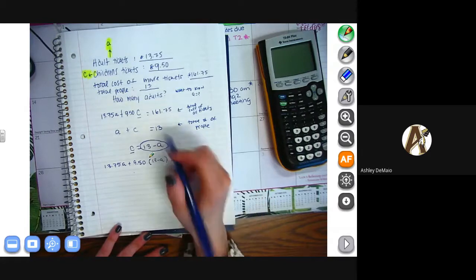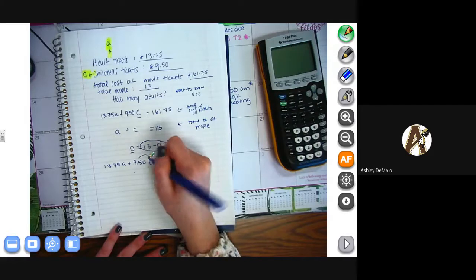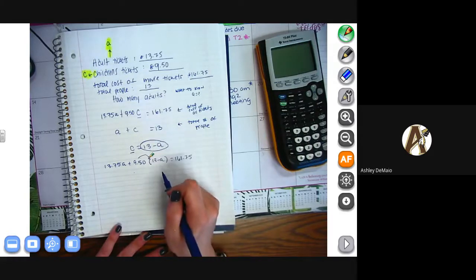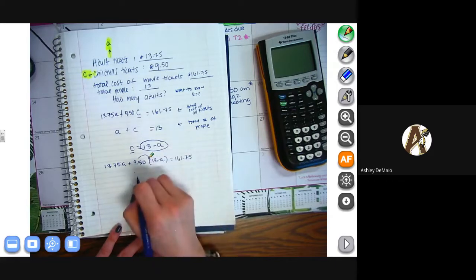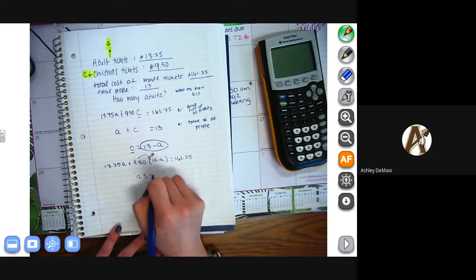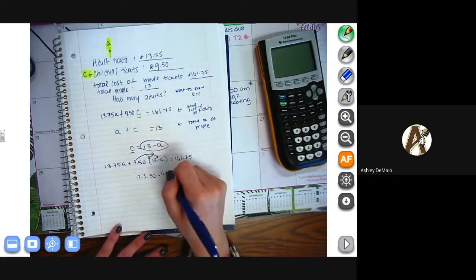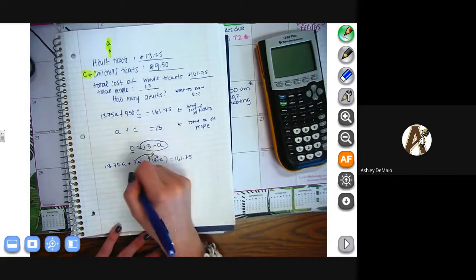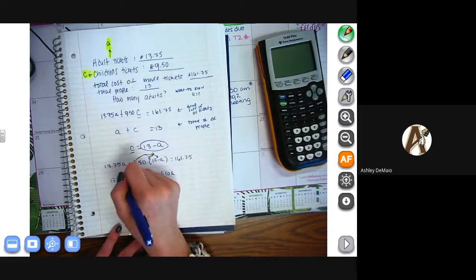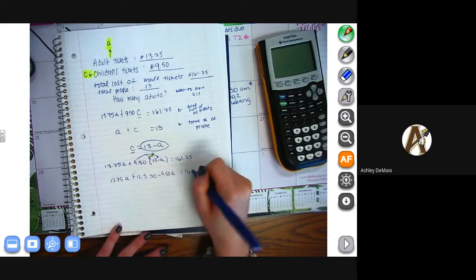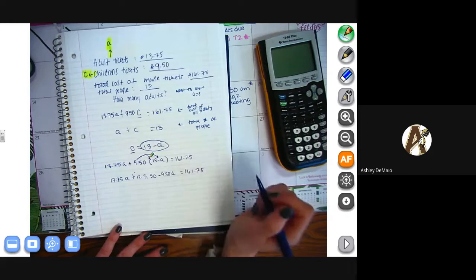The first thing we can do is distribute. 9.50 times 13 is 123.50. 9.50 times negative A is negative 9.50A. Let's rewrite all the other stuff that we have still. And now let's combine like terms.